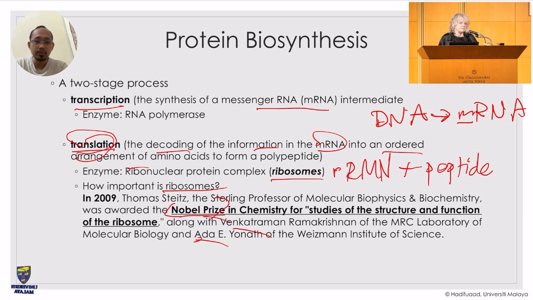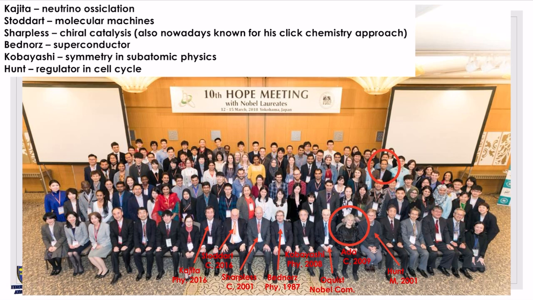And these people managed to get the Nobel Prize. I was blessed with the opportunity to meet some of the Nobel laureates, including Ada Yonath. You can see down here, that's me, back in 2018, sorry, in Japan, where Ada mentioned the research that she completed, particularly focusing on trying to get the structure of the ribosome.